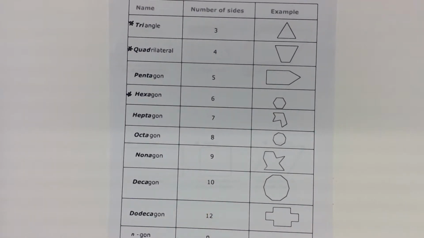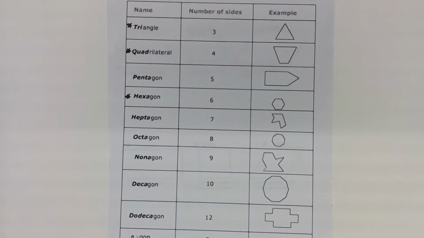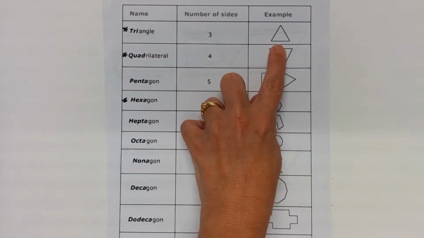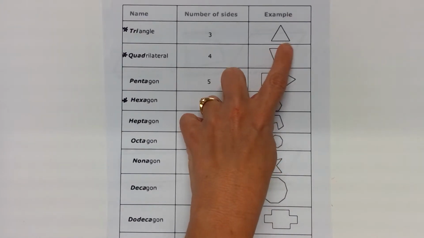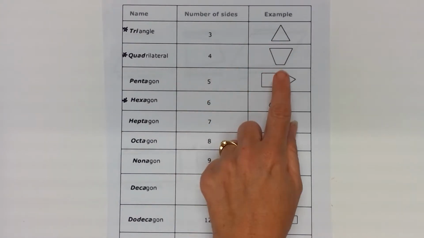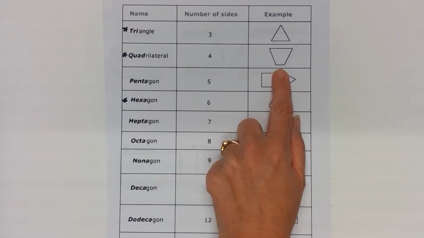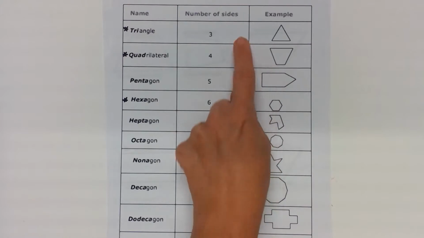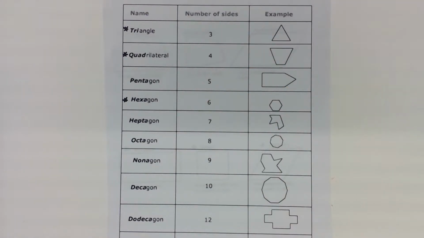We're using the term 11gon to help them with that. It's just the number 11 with G-O-N behind it. Our example for a triangle is a regular triangle. All the sides are the same length. But our quadrilateral is not a regular example. So this gives you an idea of an irregular quadrilateral and a regular triangle.